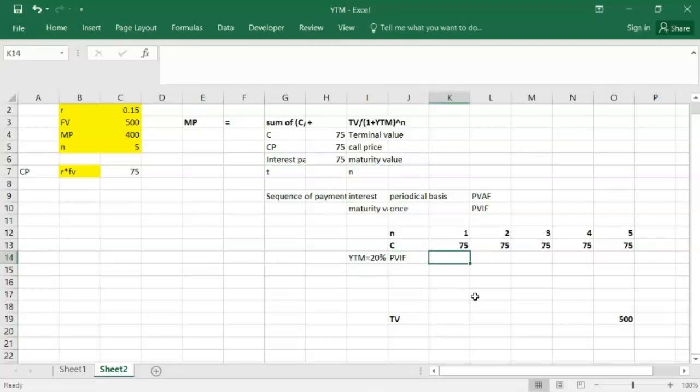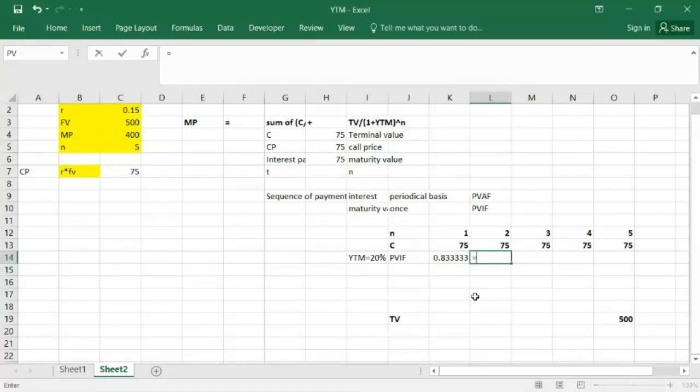For the first year, what is the present value interest factor? If I'm not applying the annuity factor, it is 1 divided by 1 plus 0.2 to the power 1. It means 1 divided by 1.2, for the first year.